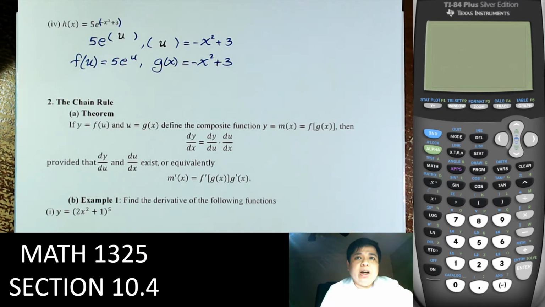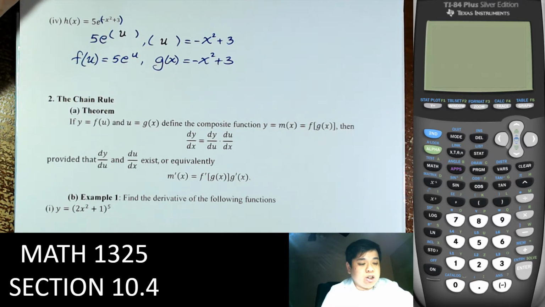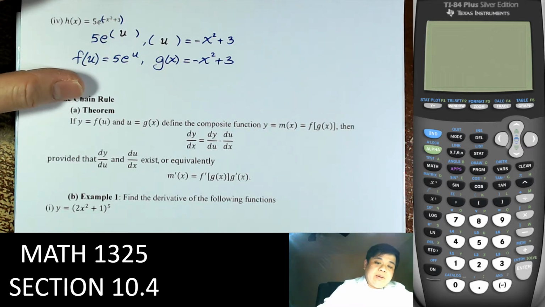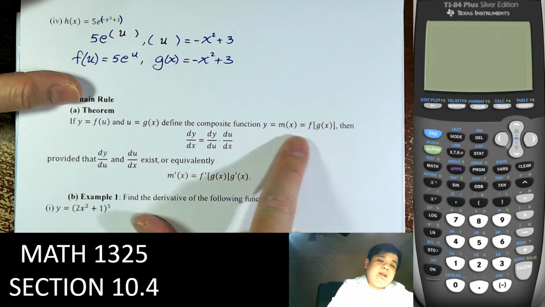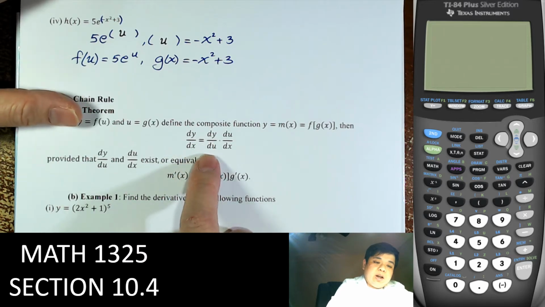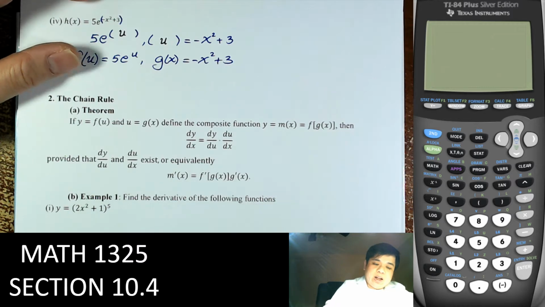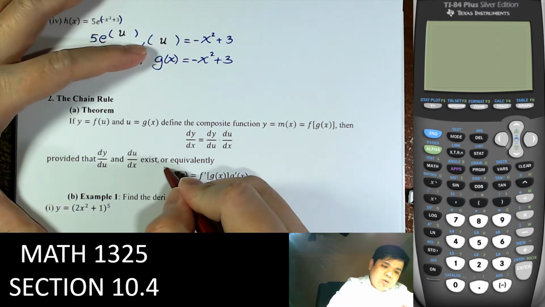The chain rule is important to know how to decompose a function, so we can use the chain rule. The chain rule says the derivative of the combination is the product of the derivative of y with respect to u and the derivative of u with respect to x, or just write like this.